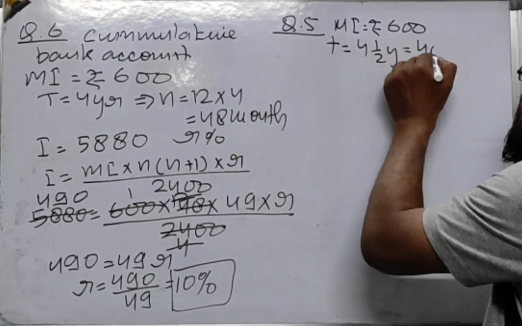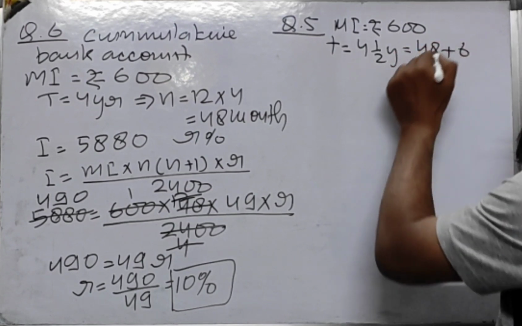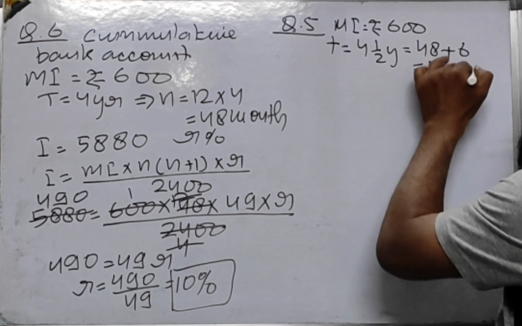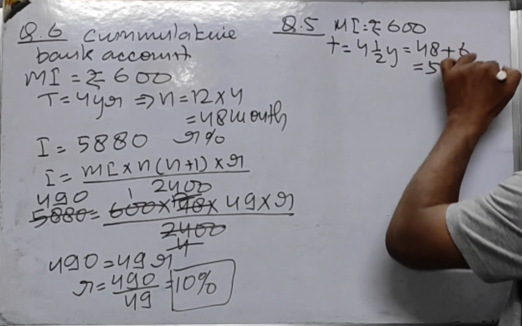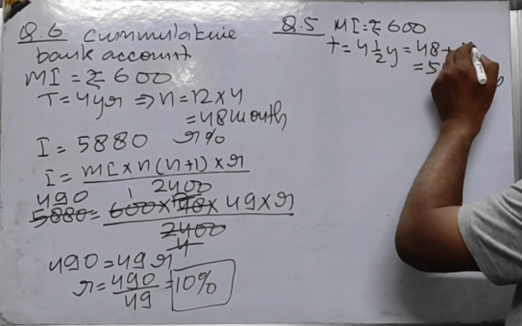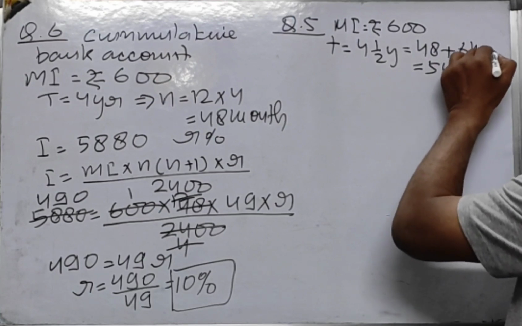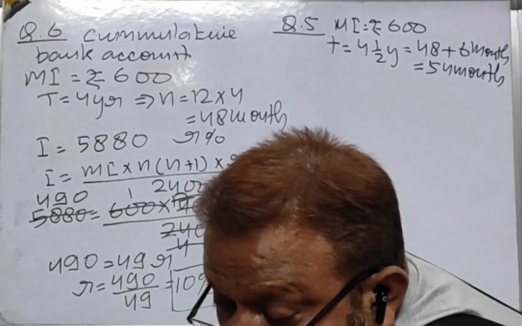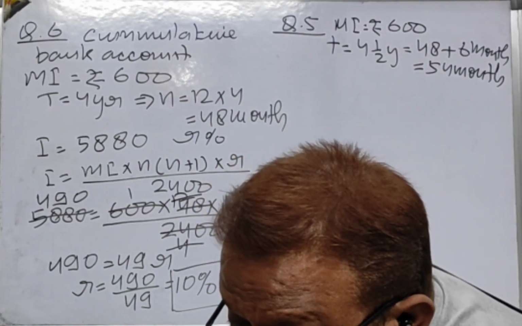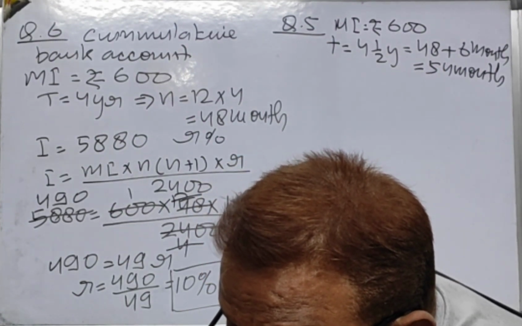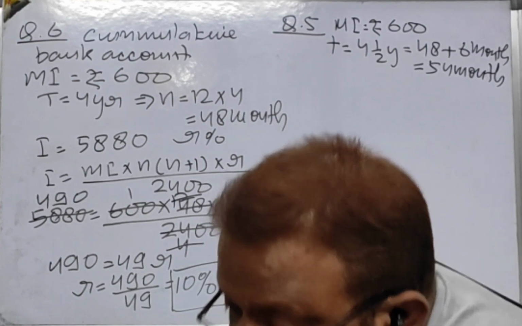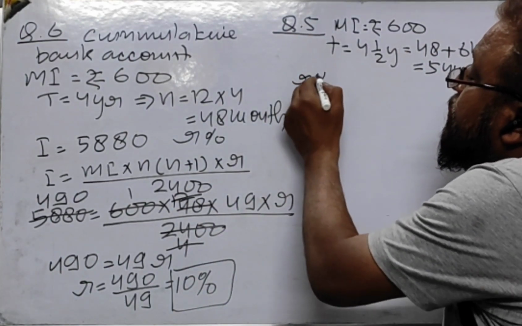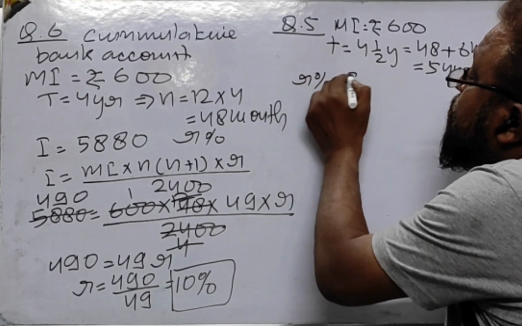So 48 plus 6 becomes 54 months. This is months. Right. Now, find the amount payable to him at maturity. Rate of interest is equal to 9%.